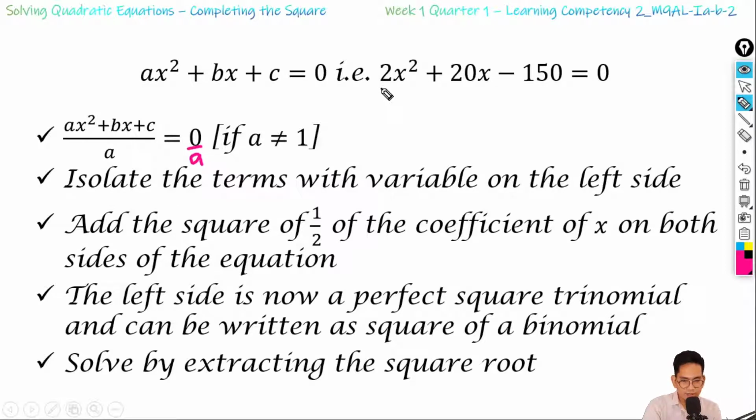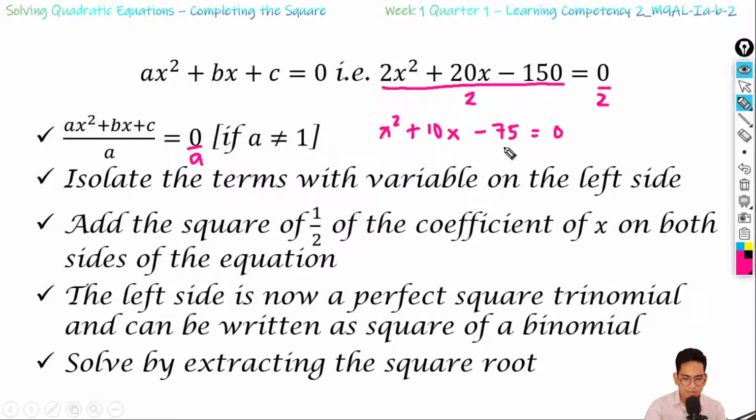In our example here, since a is not equal to 1, we divide everything by 2. And 0 divided by 2 is just 0. Therefore, we have x squared plus 10x minus 75 is equal to 0.